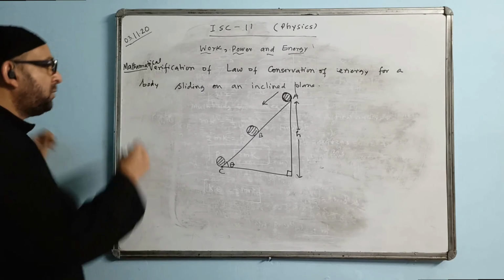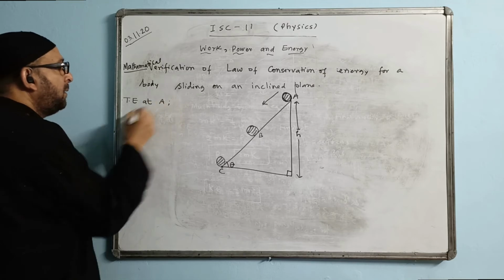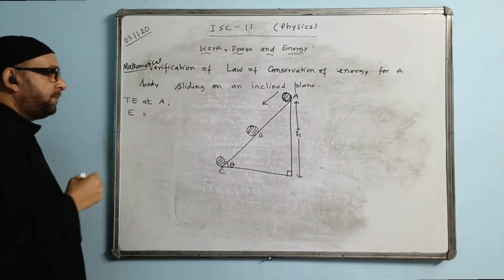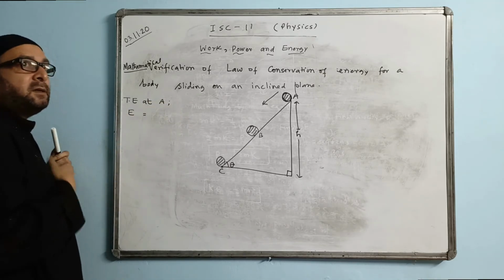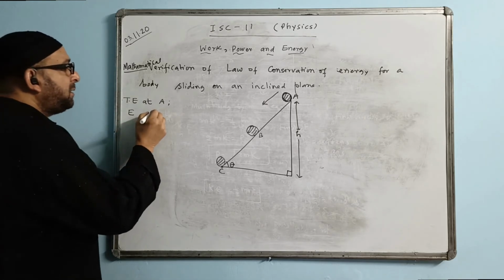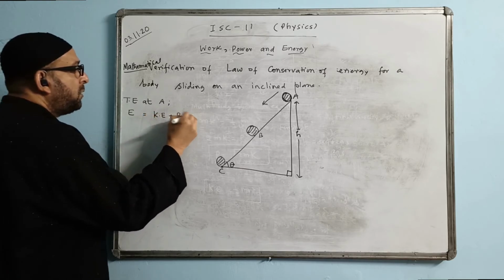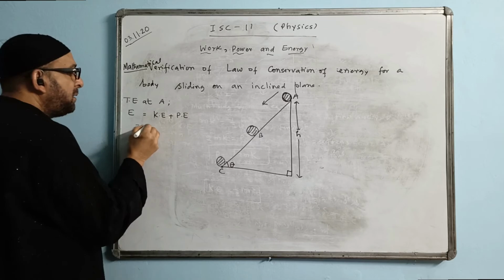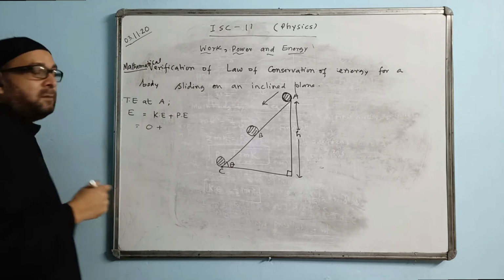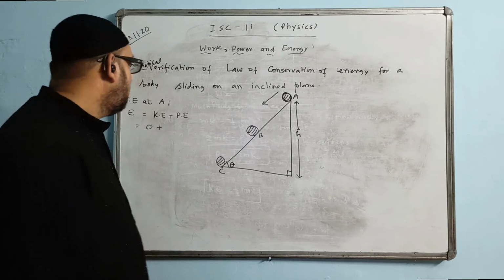So how to show? We will show that the total energy at A, E. Total energy is the combination of kinetic and potential, so kinetic energy plus potential energy. Kinetic energy is 0 because this is the starting point, the initial velocity is 0.